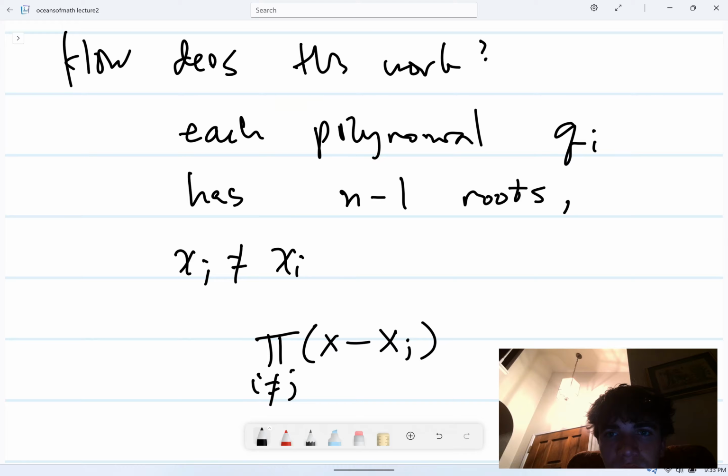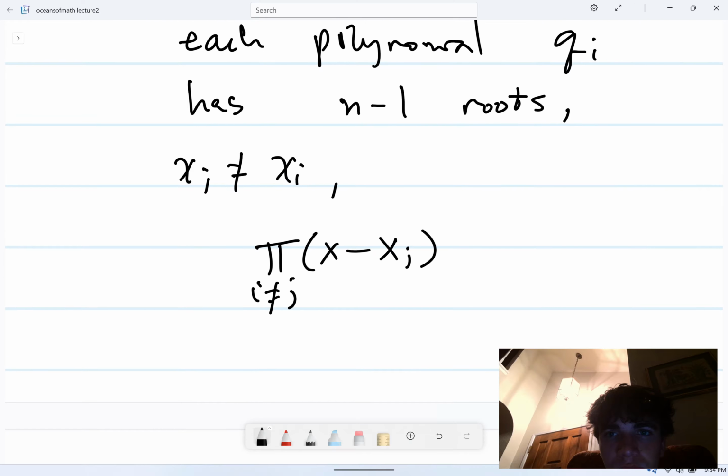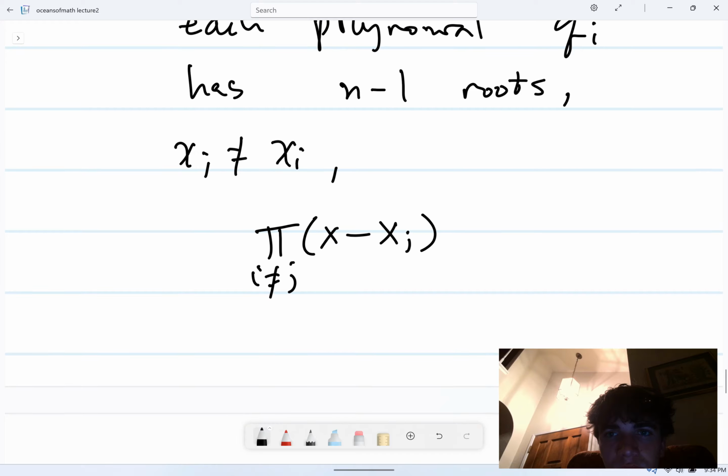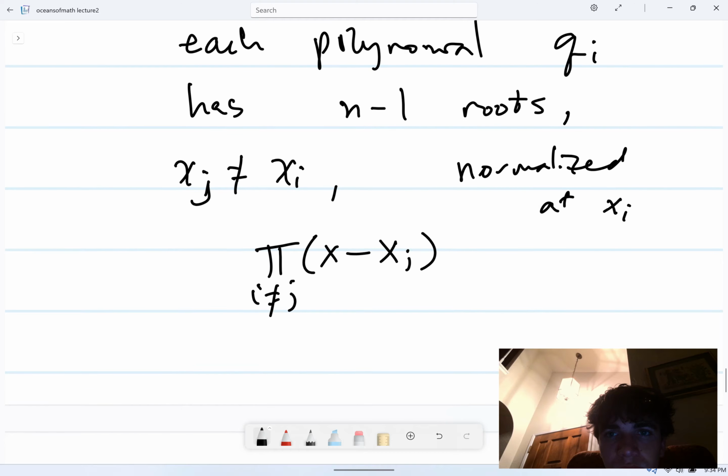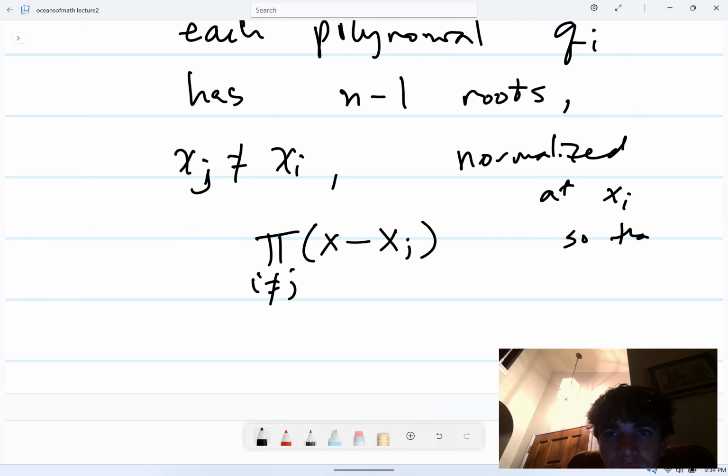And then each polynomial is normalized at x sub i, so that q sub i of x sub i equals y sub i.